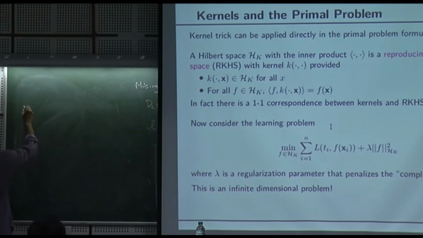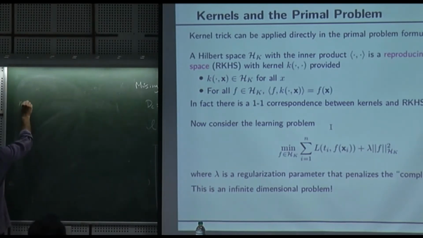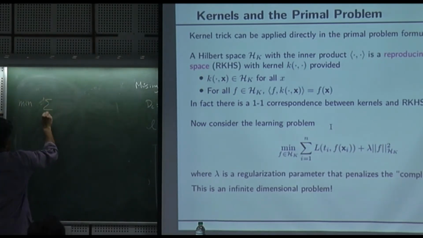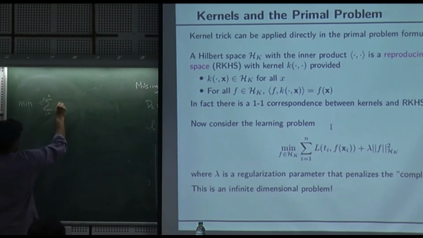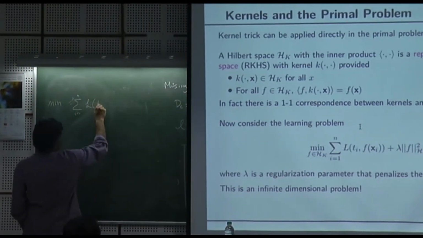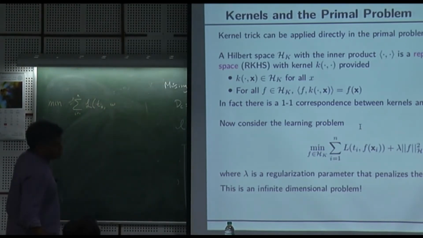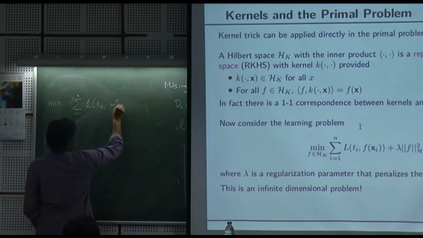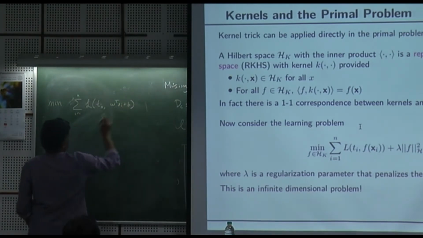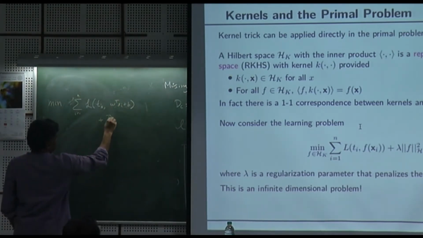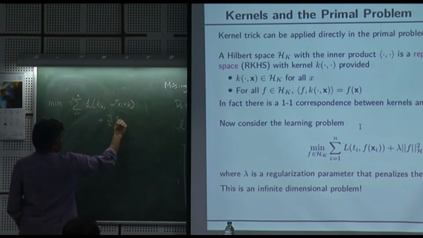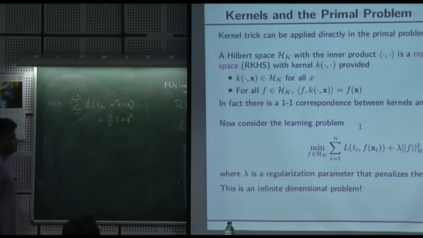So for support vector machines, we had: minimize 1 over n, summation i going from 1 through n, of a loss function that depends on Ti and a function W transpose xi plus b, plus lambda over 2 norm of W squared. This is what we were doing before.